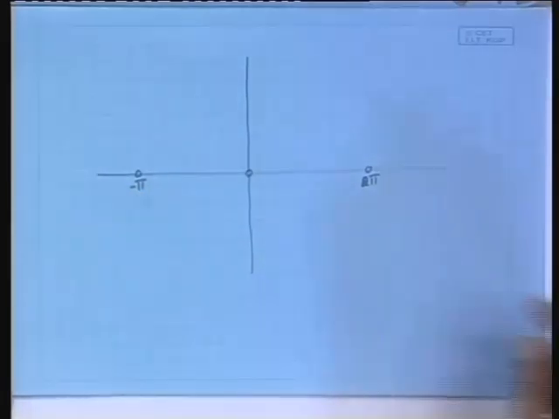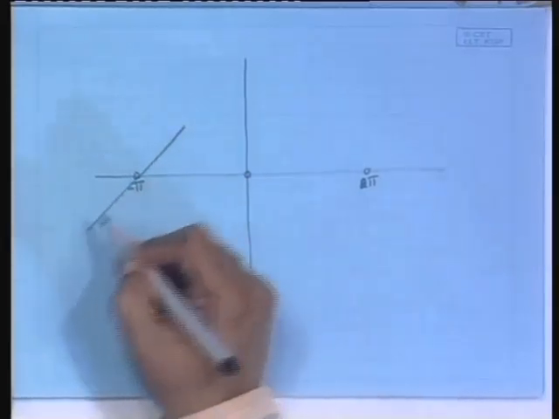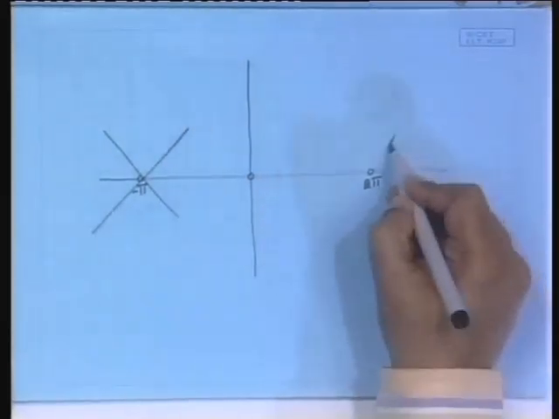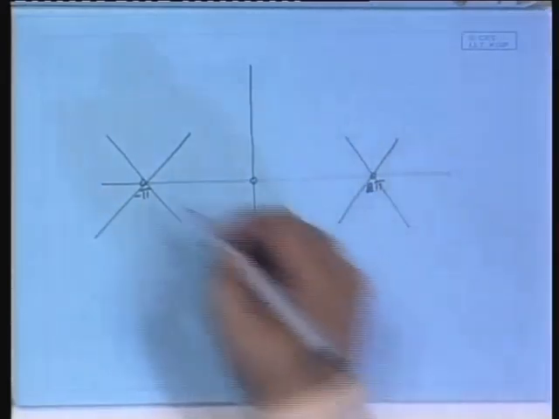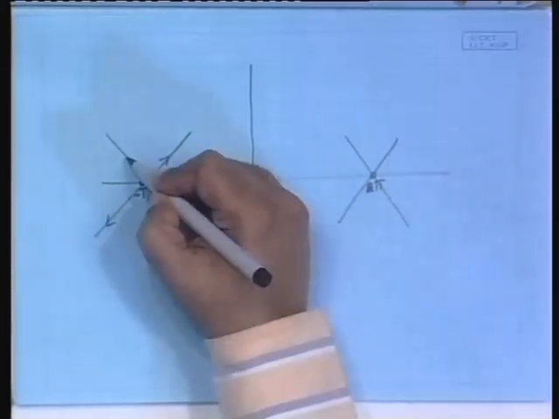Plus minus 1 is a saddle. So, it will have 45-degree lines as the eigenvectors, again almost the same kind of behavior as we just showed.